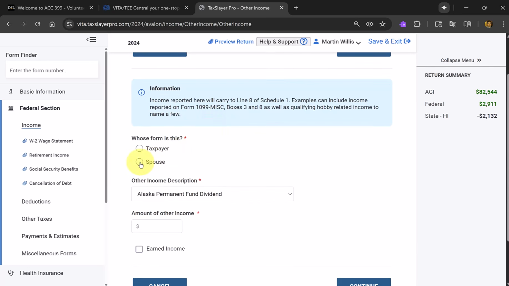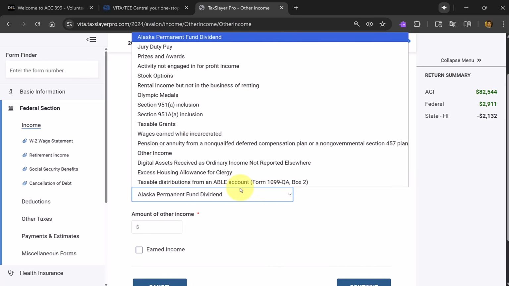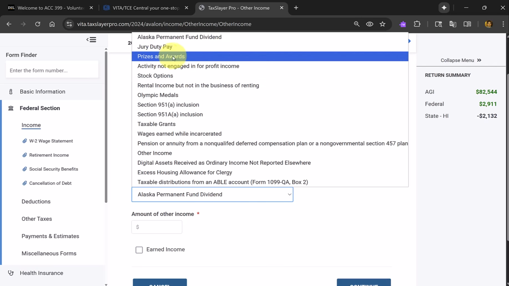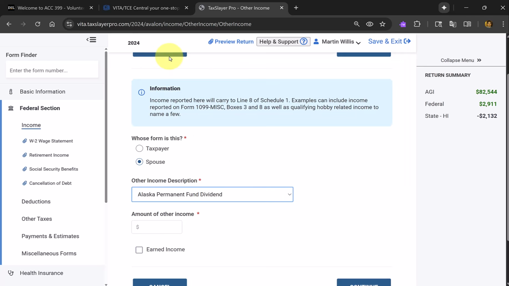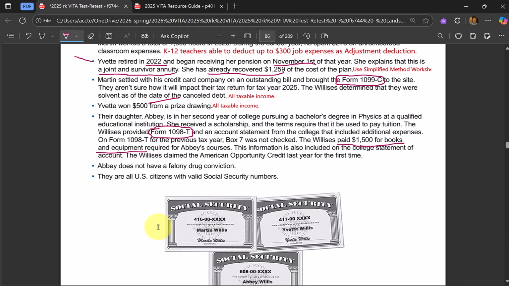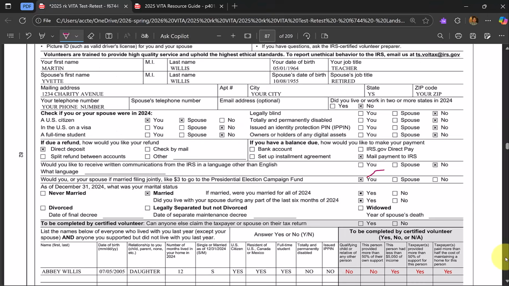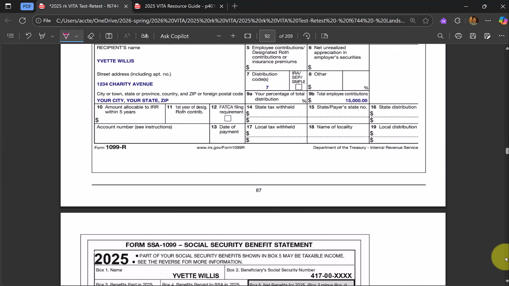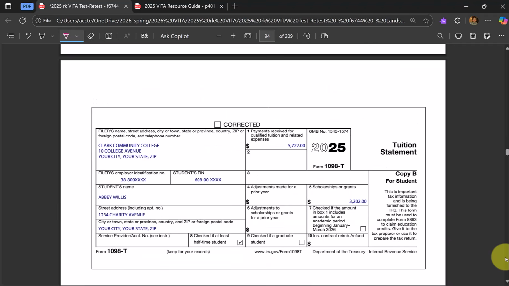This is for Yvette. And on this drop-down list, here, prize and awards. Now, what was the amount? You can see I have short-term memory loss, yeah? Oh, it's not here.